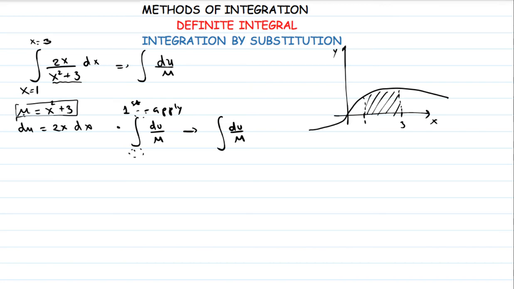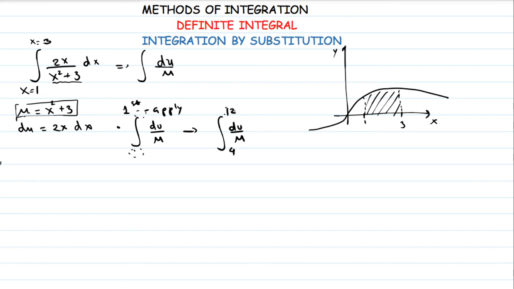Whenever we have x, because this is the upper limit we want to find now, we replace it by 3, which is our upper limit. So we're going to have 3 squared plus 3, which is going to give us 12. And then the lower limit, x was equal to 1. So we come here and in place of x, you replace by 1. So 1 plus 3 is going to give you 4.